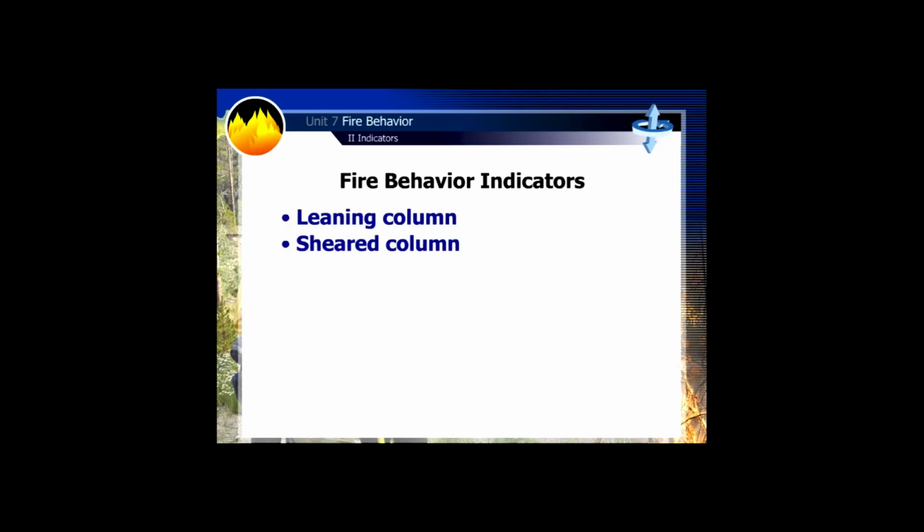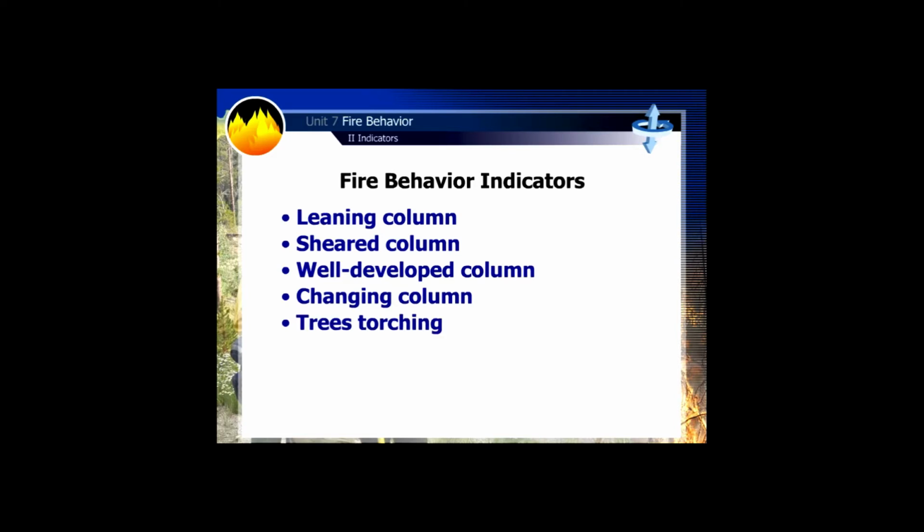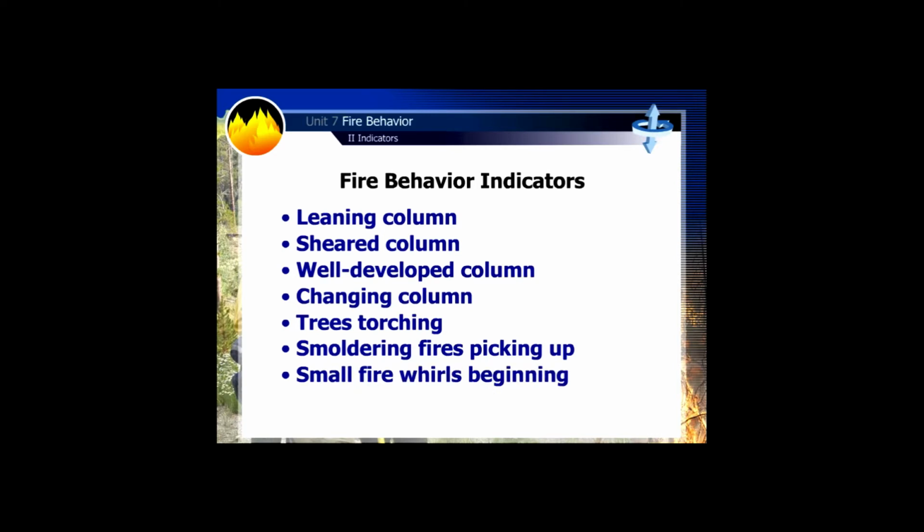When on the fire line, look for these 8 indicators: leaning column, sheared column, well-developed column, changing column, trees torching, smoldering fires picking up, small fire whirls beginning, frequent spot fires.